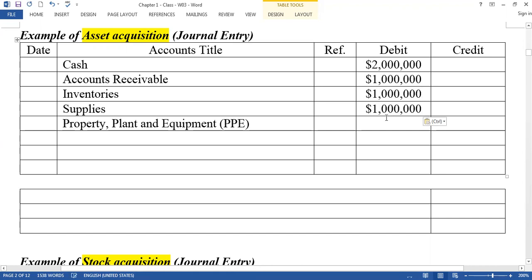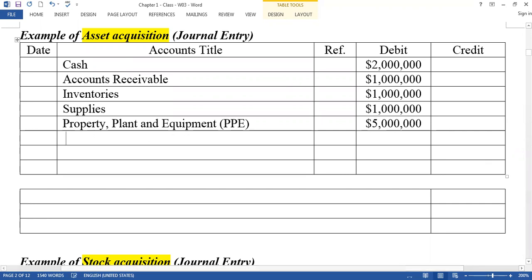Supplies maybe $1 million. And property, plant, and equipment maybe $6 million, or $5 million. So $5 million, something like this.